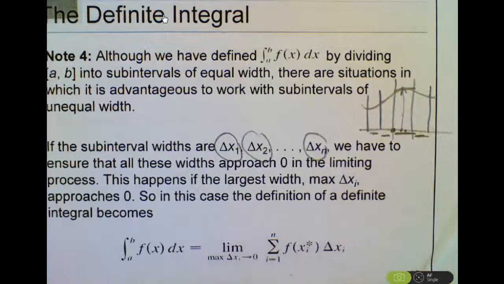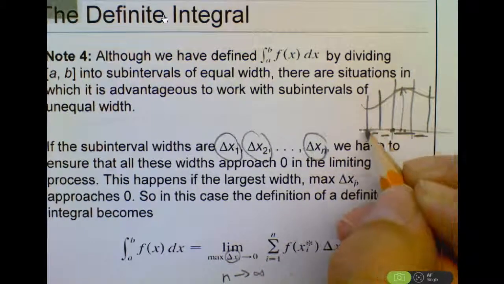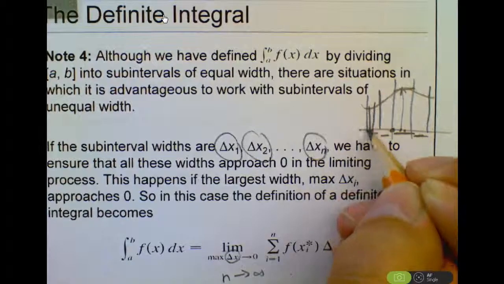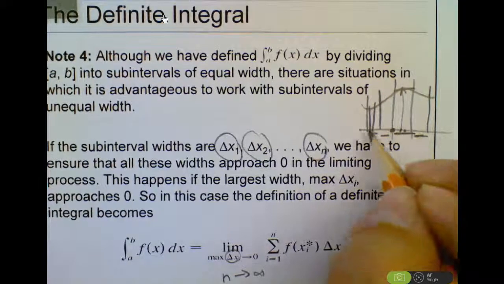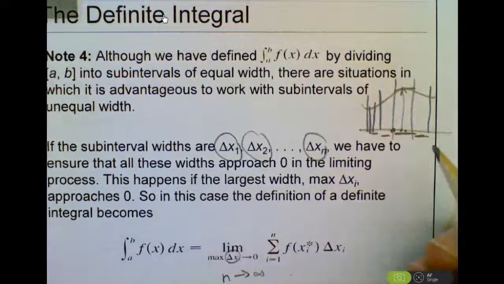Then the limit has to be changed a little bit: I want not only n to approach infinity, I also want the maximum interval that you have to approach 0, because then I'm making sure that the width of this rectangle is as small as it can be. So if I make sure that the maximum of it is approaching 0, then all of the other ones, even though they are unequal parts, are approaching 0 as well.